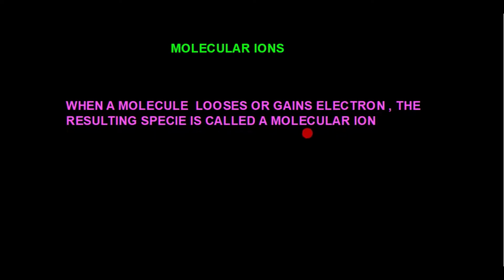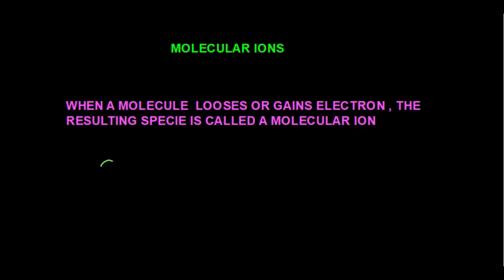A molecular ion may be a cationic molecular ion when it carries a positive charge, or an anionic molecular ion when it carries a negative charge. Cationic molecular ions are more common, more abundant as compared to anionic molecular ions.